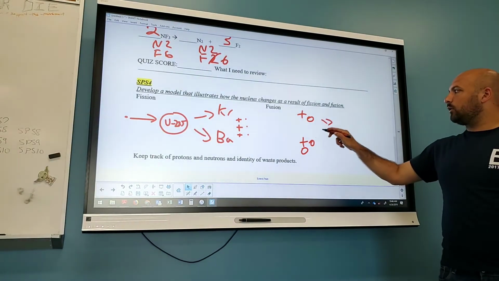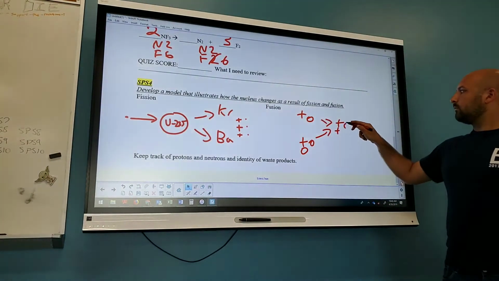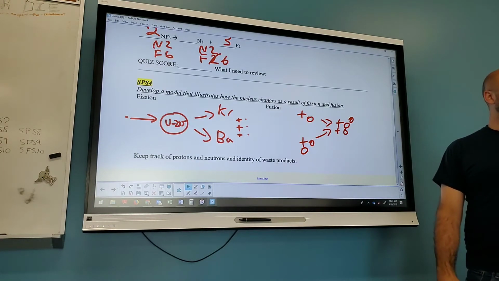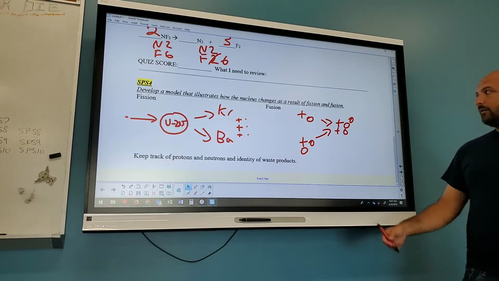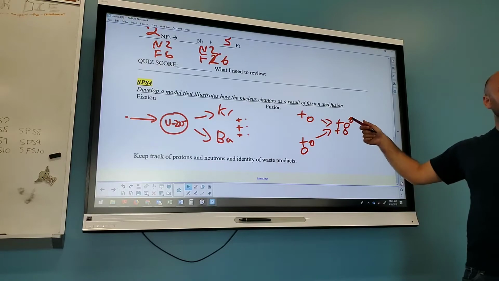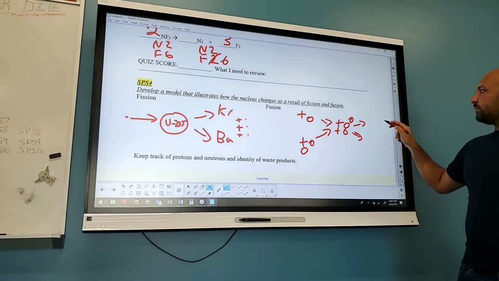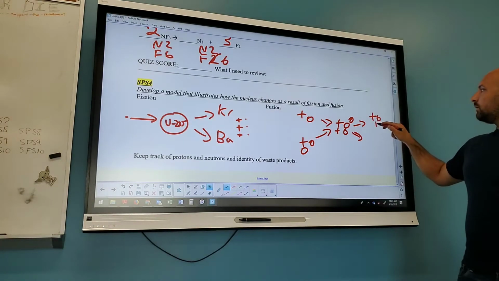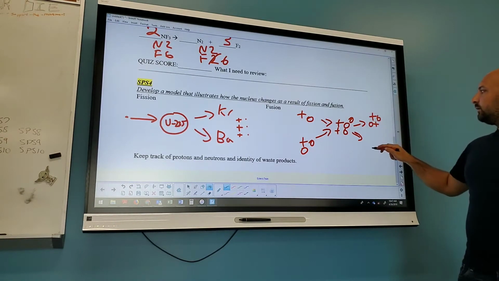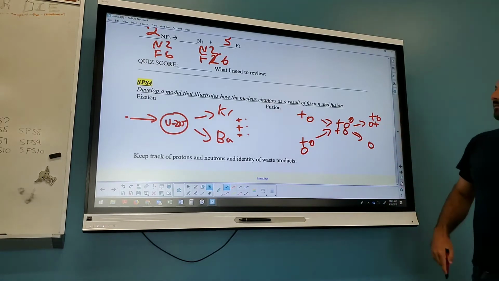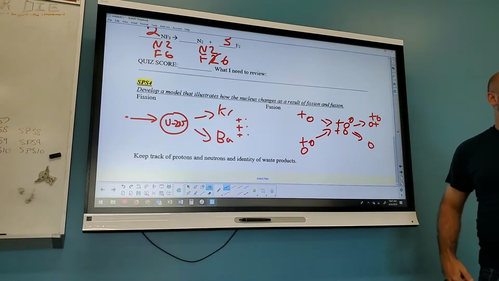They come together to form what? This little 5-particle thing, that's basically helium, right? A helium-5. So helium with a mass number of 5. Protons plus neutrons is a mass number. Okay? And then that's a little unstable, so it breaks apart into a helium nucleus and a single neutron. Okay? So this is fusion, using hydrogen to form helium. Are we good with that?